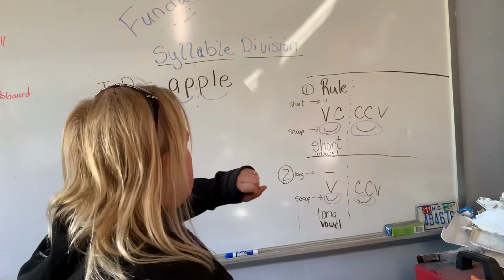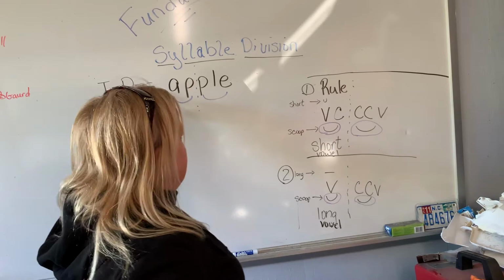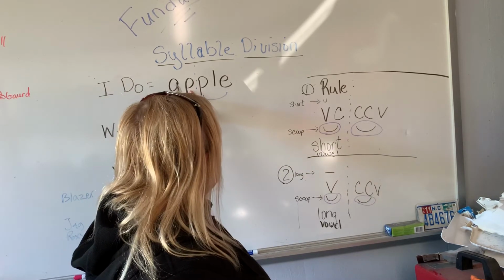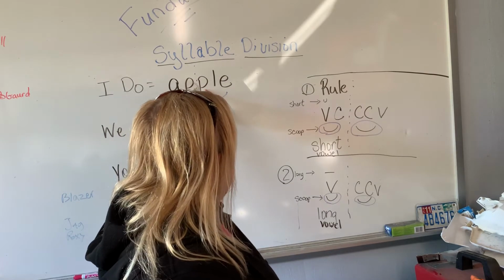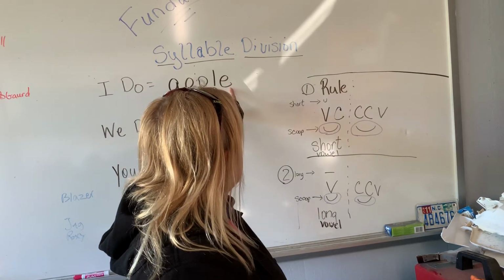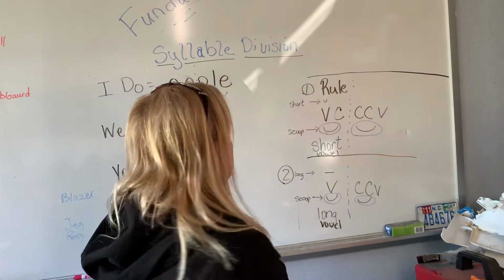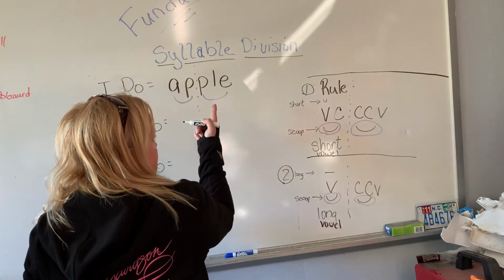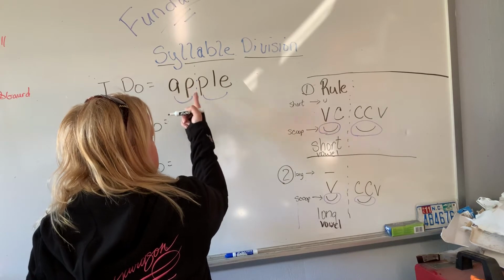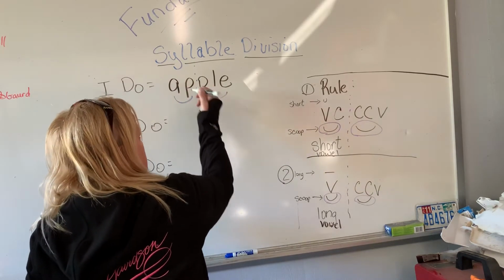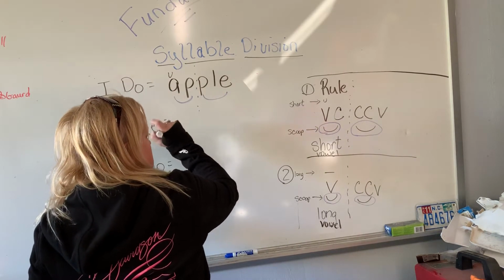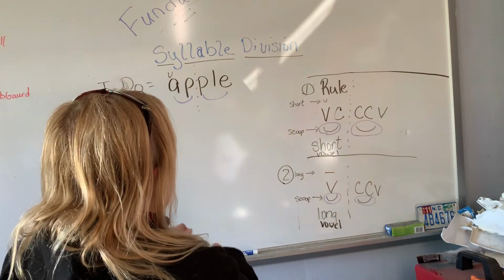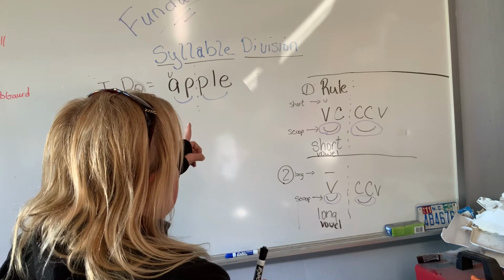So, let's take a look. My A is a vowel. My P is a consonant. My P is a consonant, vowel. So I have rule 1. So I know that since I scooped it out, I have a vowel, consonant, vowel. This is short, so I have a short word here. Okay, so my syllable division is done.